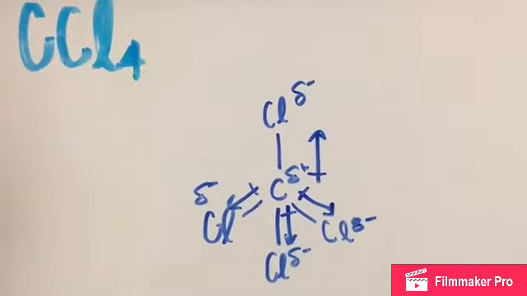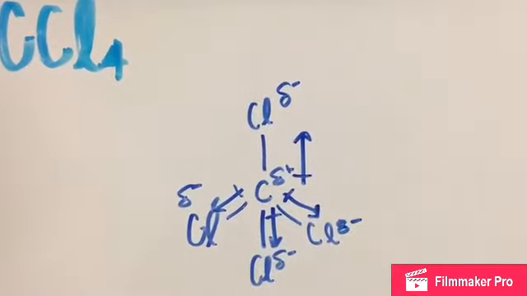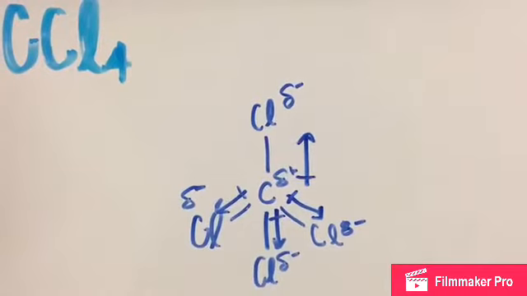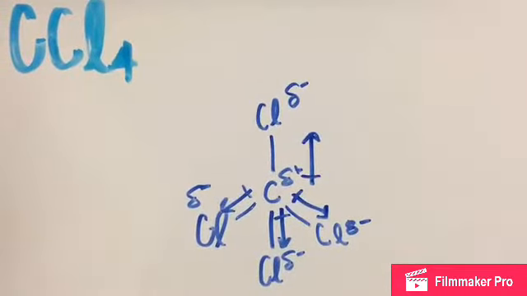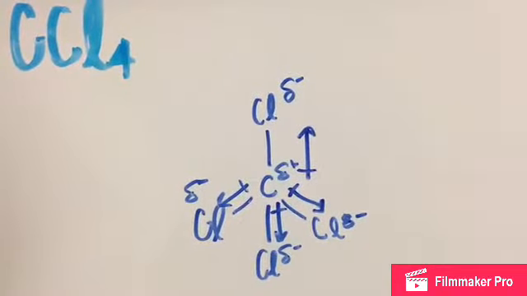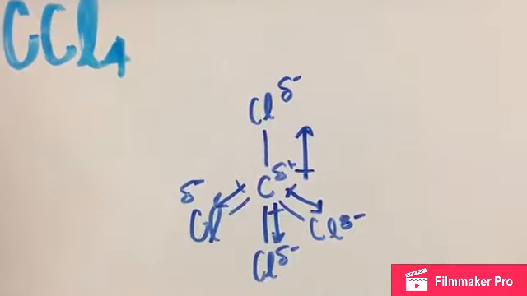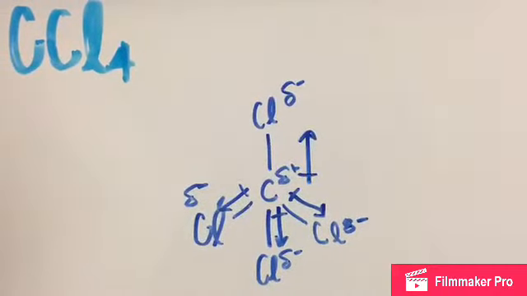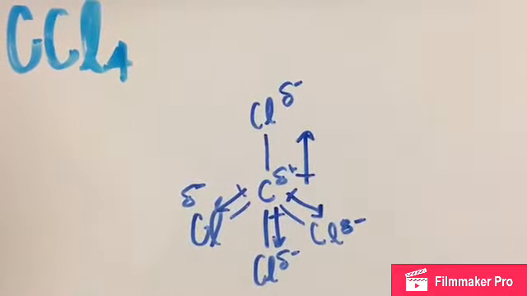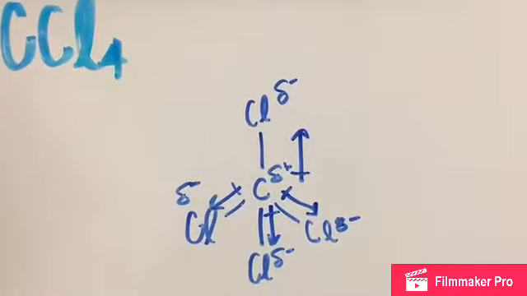Now let's take a look at the domain geometry and dipoles to figure out if the molecule is polar or nonpolar. The domain geometry is tetrahedral and all the domains are the same. Therefore, all of the bond dipoles cancel, so there is no net dipole. This makes the molecule nonpolar.